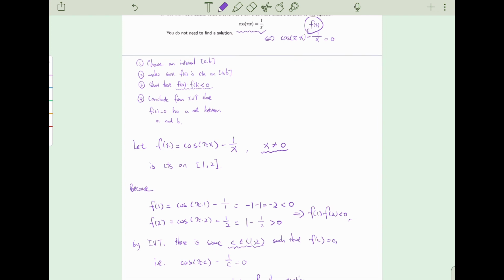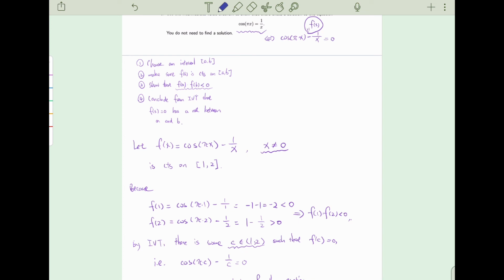And somebody may be wondering, can I choose some other points instead of 1, 2? Absolutely, you could. For example, I choose 1 and 4. Would that work? That will work, right? So if you don't choose 2 here, you can choose 4, right?